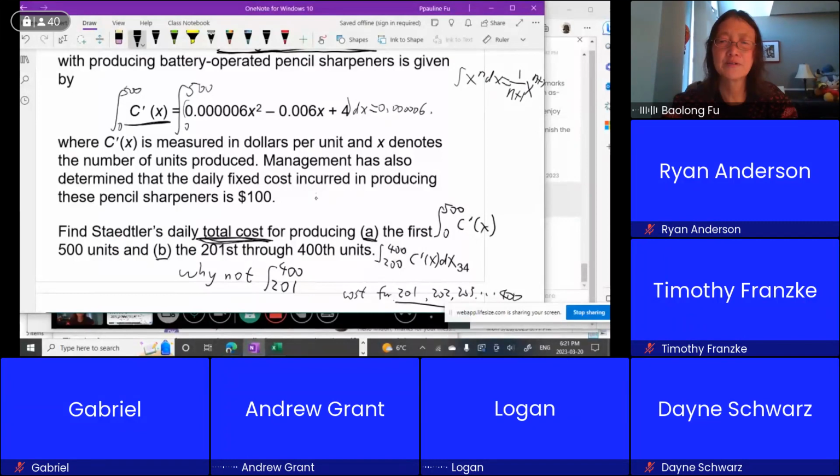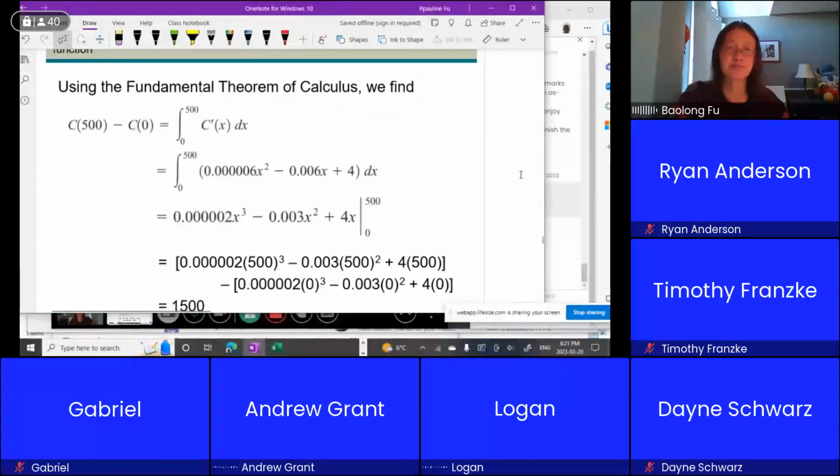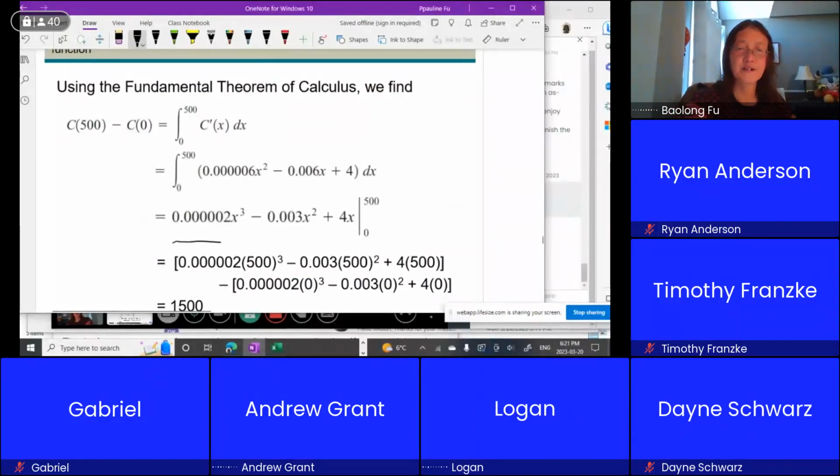Use this one: you go to 1 over 3x cubed minus, copy down, so x becomes 1 over 2x squared, and plus 4 means plus 4x. And then you plug in 500 and then minus 0. So the solution becomes here.